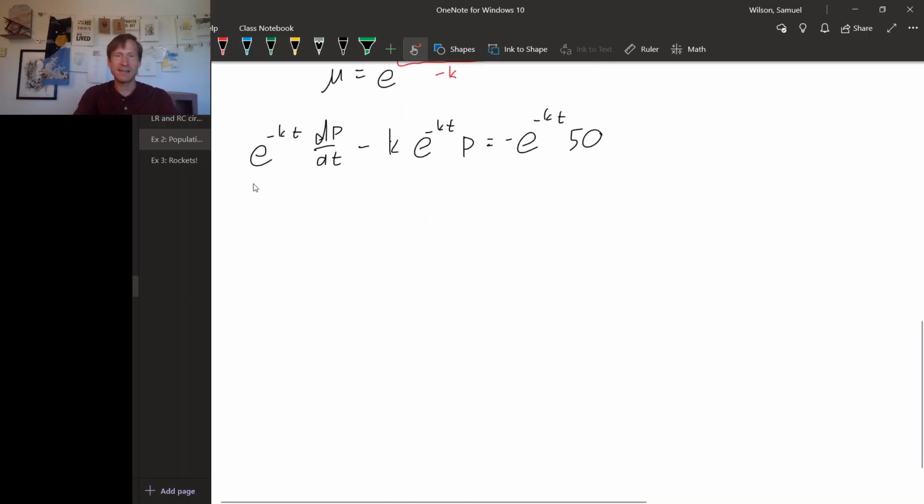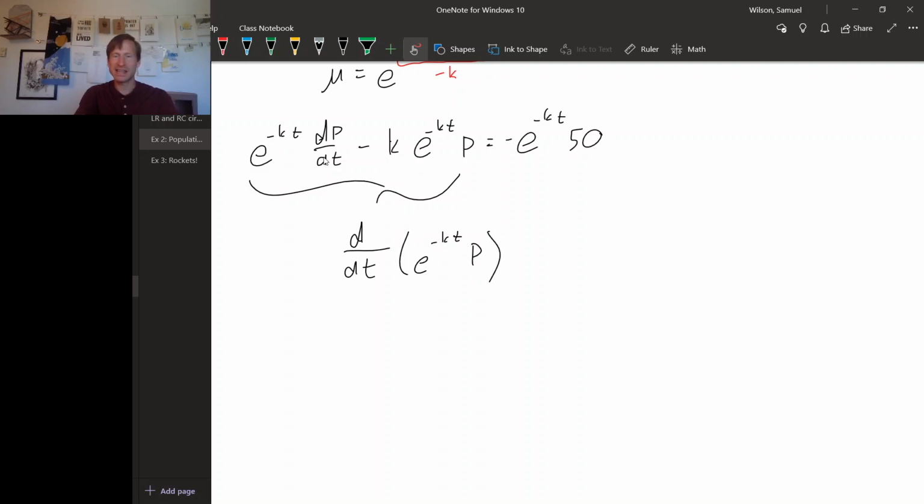Okay, now this left-hand side ought to be the derivative with respect to time of e to the minus kt times p. And you can check that it is. On the right-hand side, minus 50 times e to the minus kt.